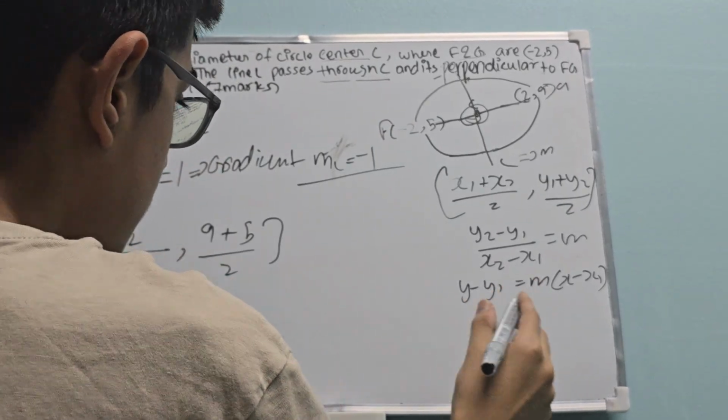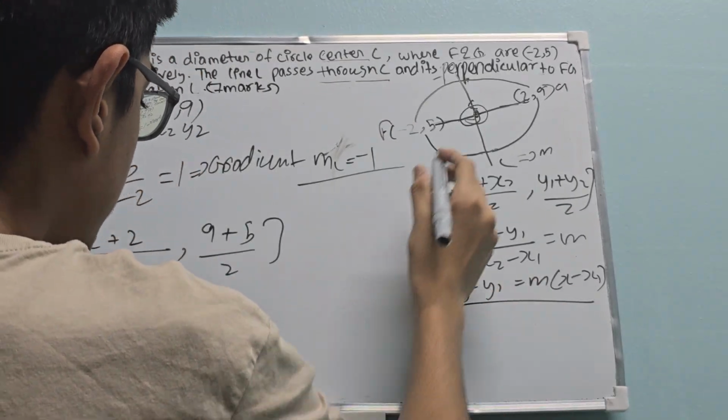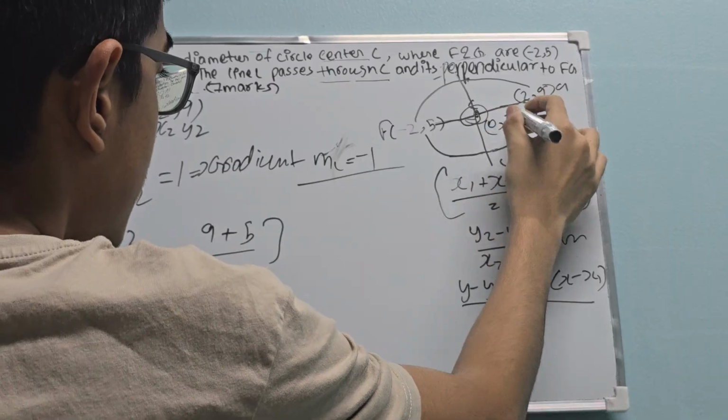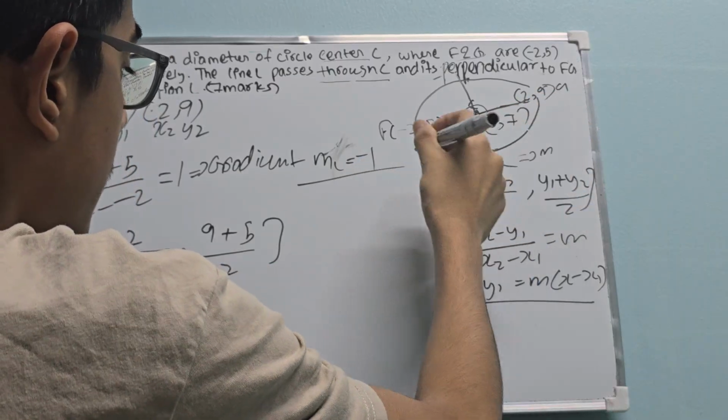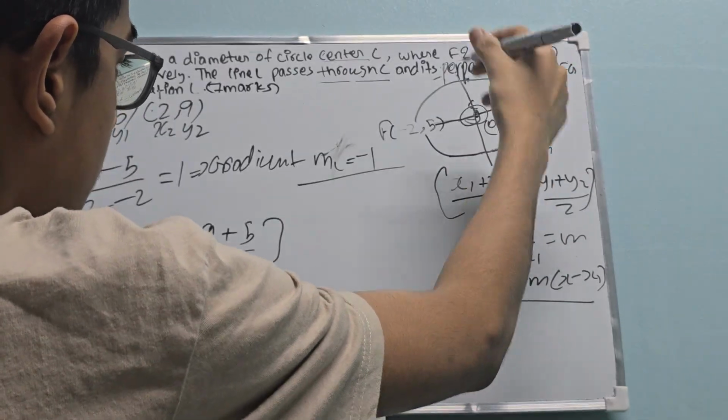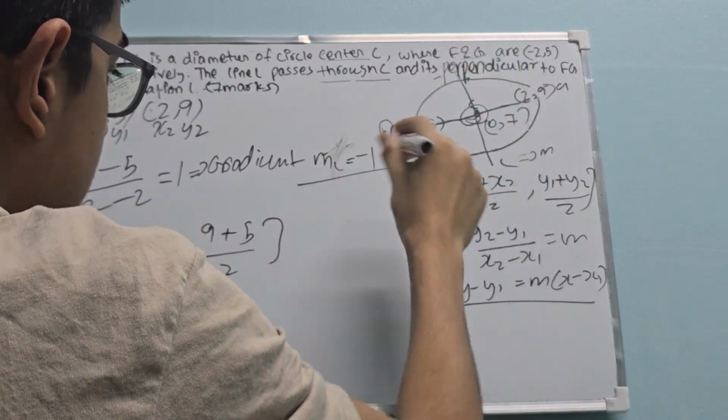Now we use this formula over here. We know C is (0, 7), and we know that the gradient of the line L, the perpendicular, is minus 1.